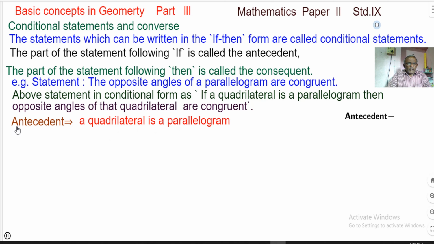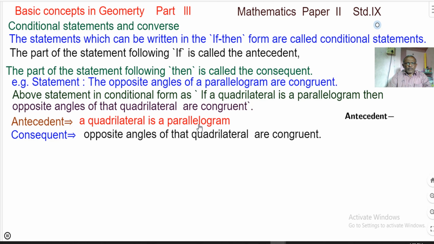Here, antecedent: a quadrilateral is a parallelogram is known as antecedent, and opposite angles of that quadrilateral are congruent, this part is known as consequent.